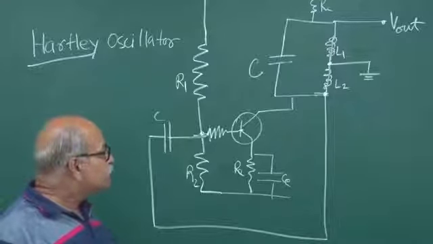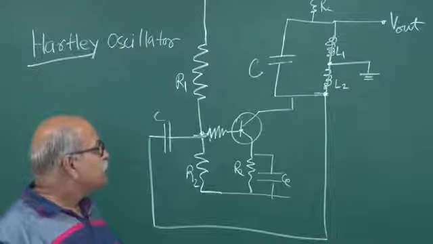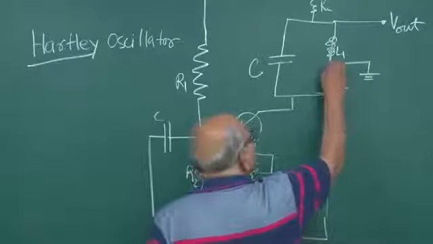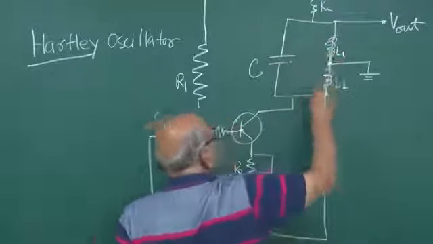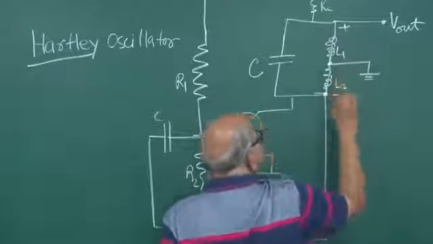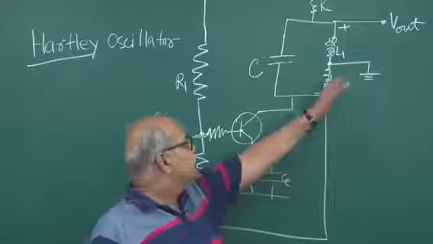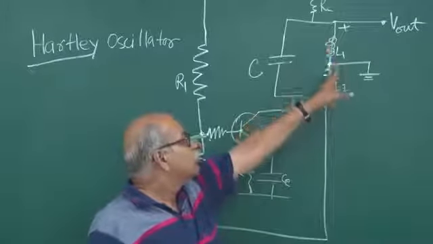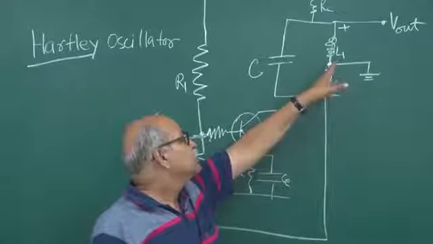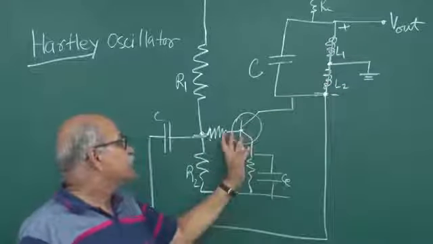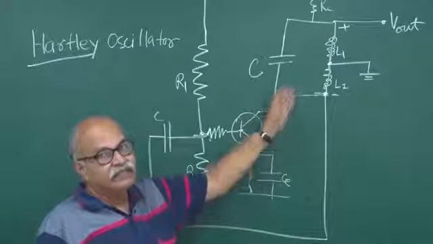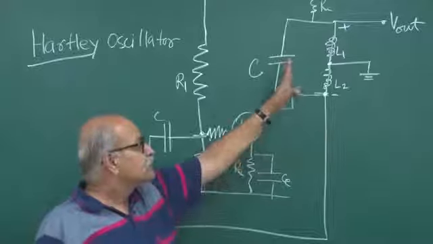This is one design which works quite well, and the phase relationship is ensured: if this is grounded and the current is going in a particular direction, then when this is positive, the other is negative. So a phase change of pi is ensured here, and then another phase change here, so when the base gets the signal, it gets it in the same phase. That is how it is done.